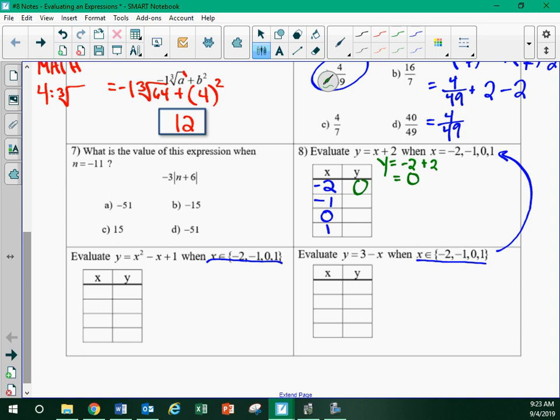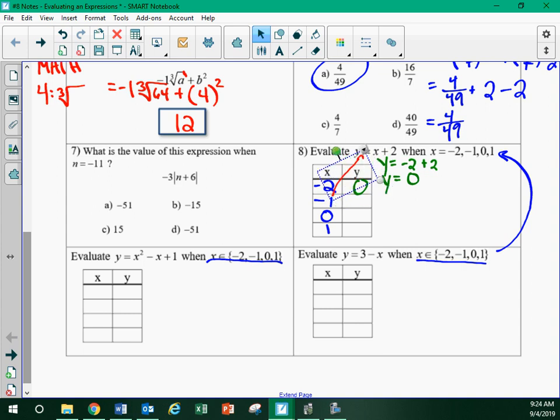Then we're just going to repeat this, okay? So I'm just simply taking my x value and I'm putting it in for x and solving. So it was negative 2 plus 2, which gives us 0. So what we found out is y equals 0 for that particular situation. All right, so now I'm going to do the same thing, but with negative 1. Negative 1's going to go up there.